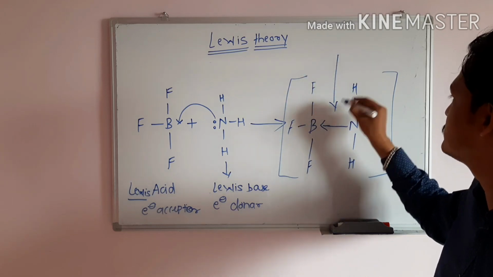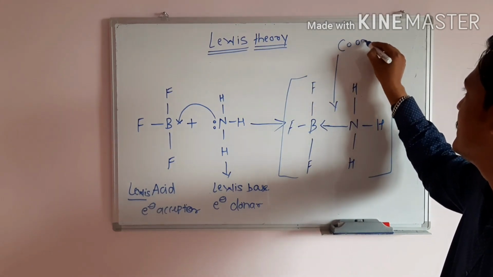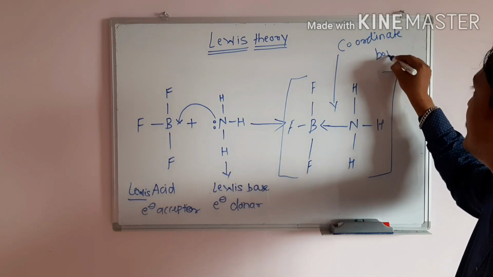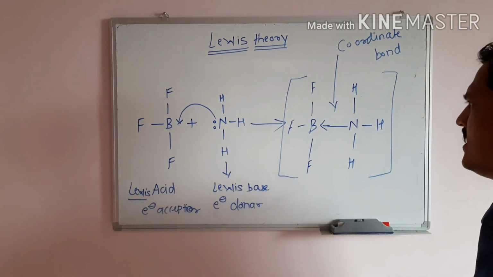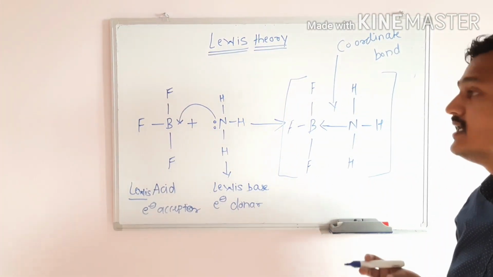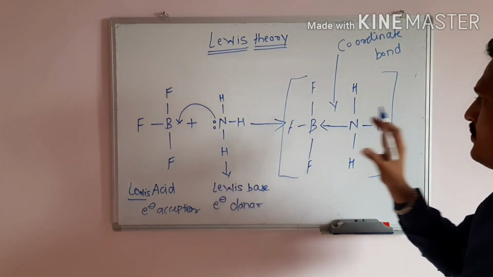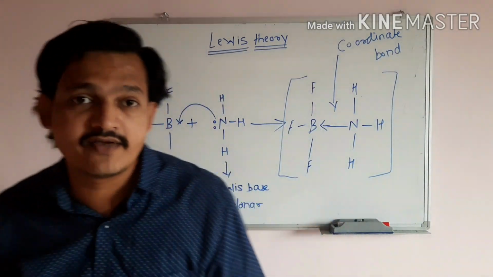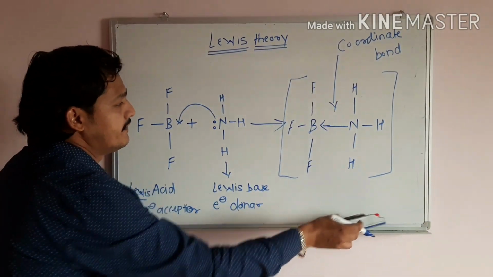This bond is called a coordinate bond. I am not going into details regarding the coordinate bond because we studied it more clearly in the 11th chapter. Okay, so hopefully you understand the concept of Lewis acids and bases.